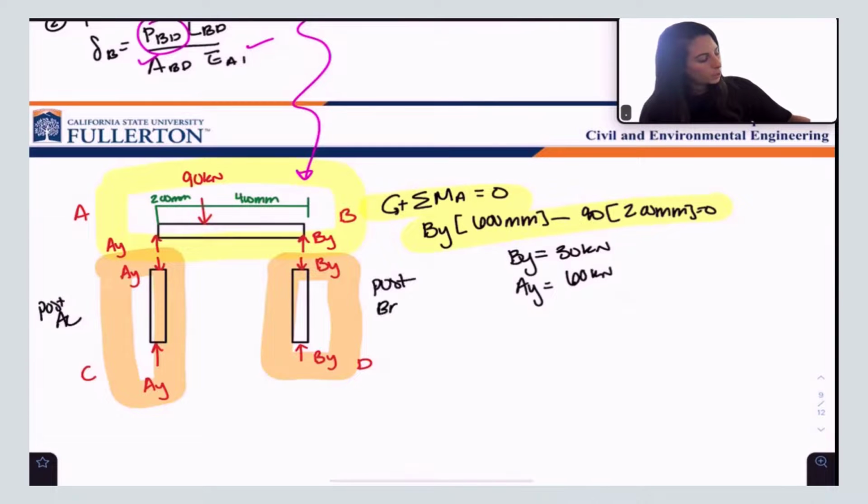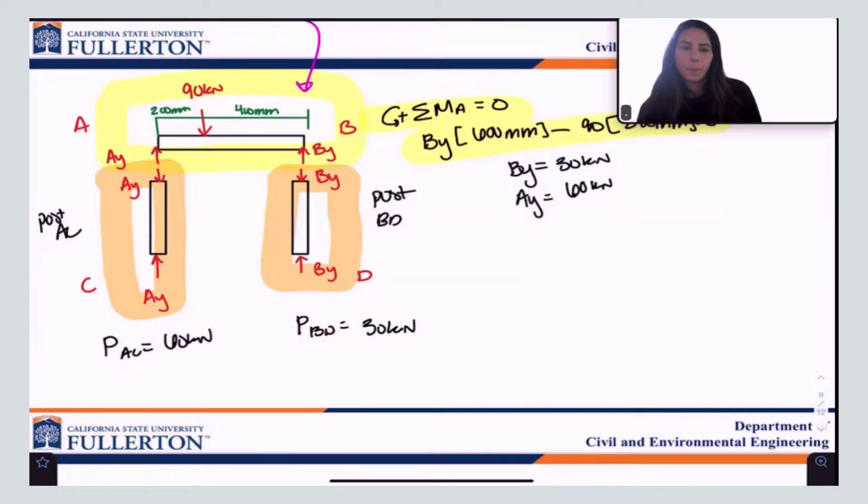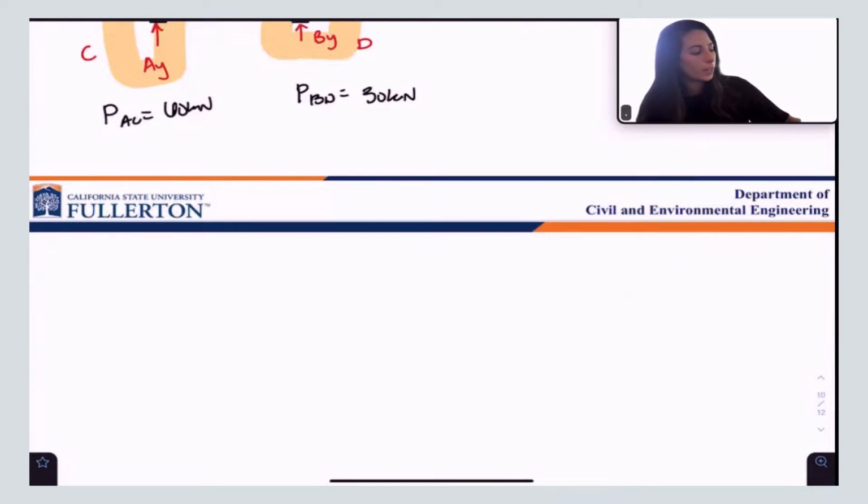This is post BD. What now is the axial load on AC? It's AY, 60 kilonewtons. What is the axial load on BD? It's BY, 30 kilonewtons.